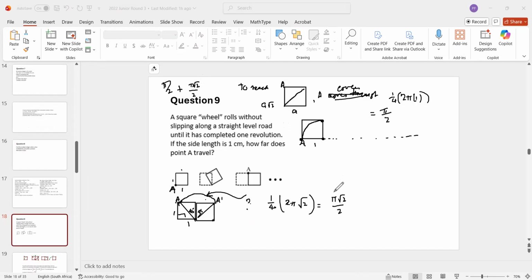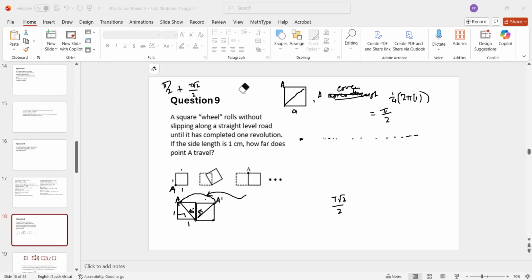Right, and then let's take a deep breath and go back to the starting point. Just remove all this. I just needed that number there, pi root 2 over 2.